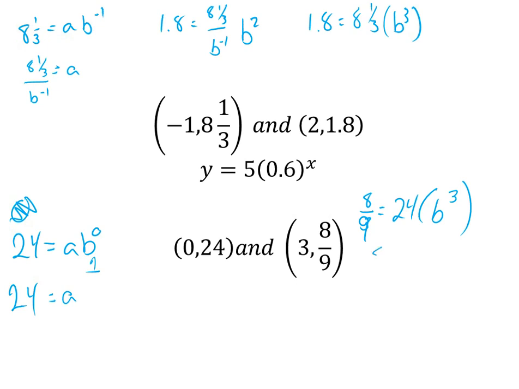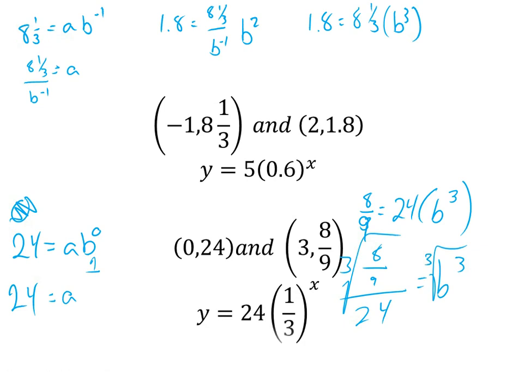So you would divide: 8 over 9 all over 24 is equal to b cubed. You take the cube root of both sides to get rid of that, and that gets us our answer for b, which is about 1/3, and we'd have 24 times 1/3 to the x.